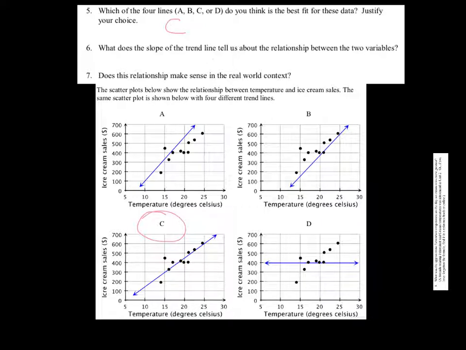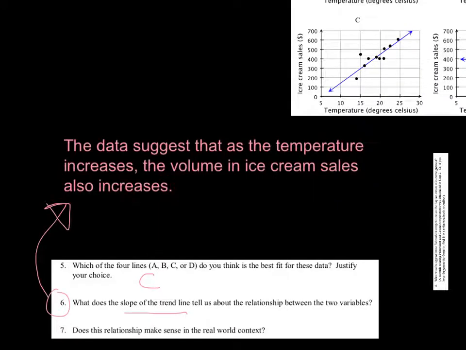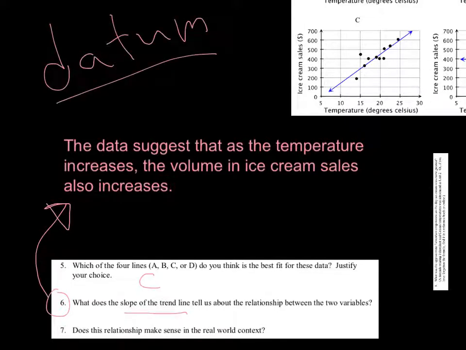Now, what does the slope of the line tell us about the relationship of the two variables? And we're looking for something sort of generic here. So you're going to want to press pause and copy the sentence into your notes, but generically what we're saying is that the data, and data is plural, datum, D-A-T-U-M, is singular.